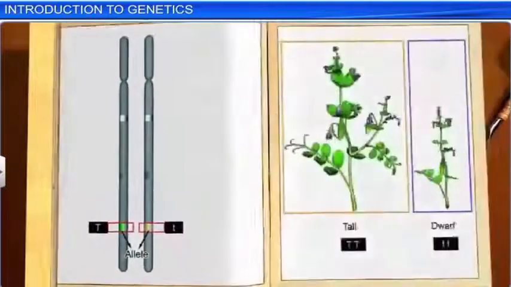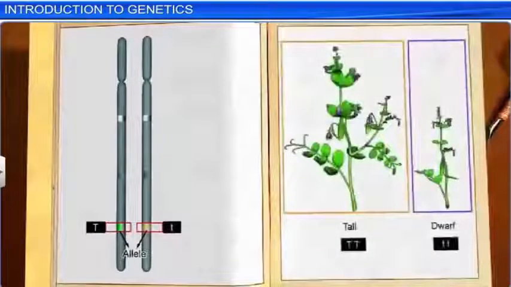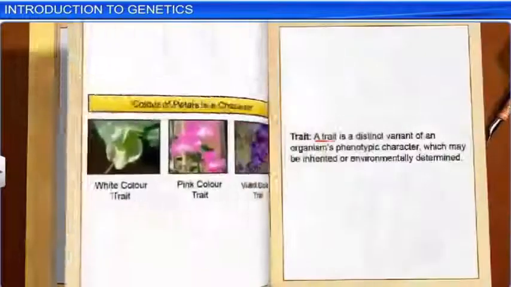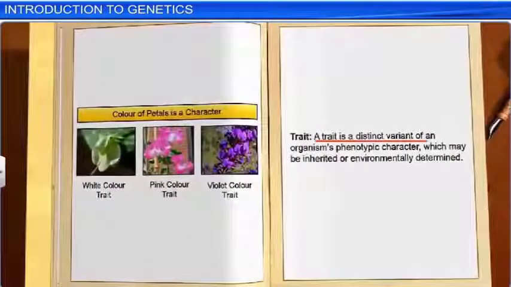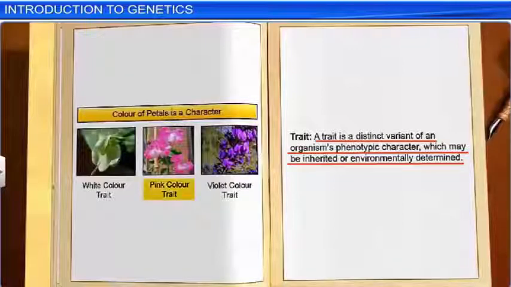It governs the trait of an individual and is generally represented by a letter. A trait can be defined as a distinct variant of an organism's phenotypic character, which may be inherited or environmentally determined. For example, the color of petals is a character or an attribute, while the colors pink, violet, and white are traits.